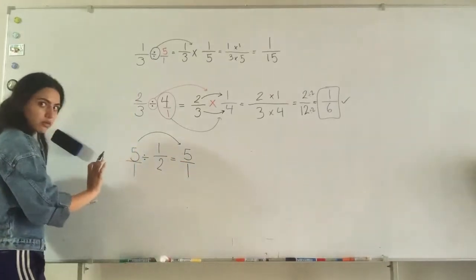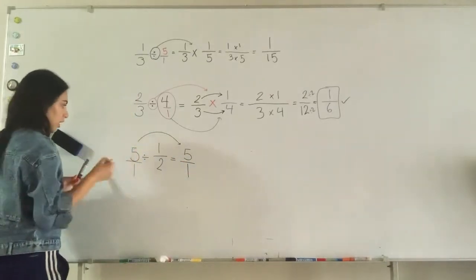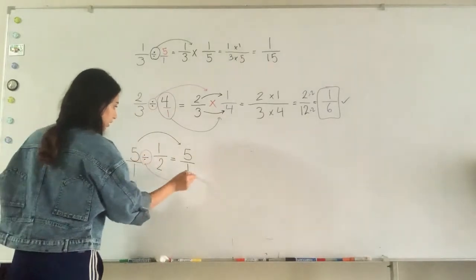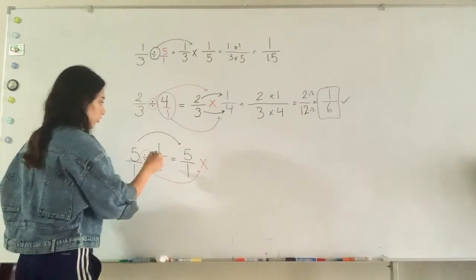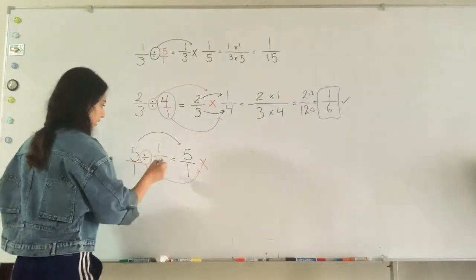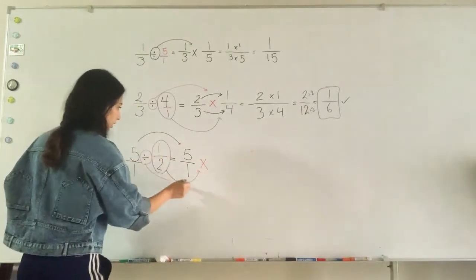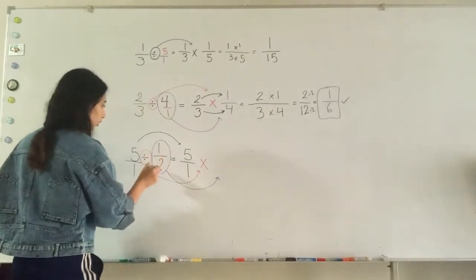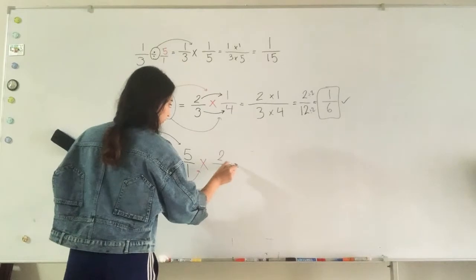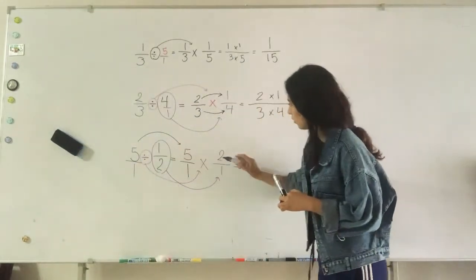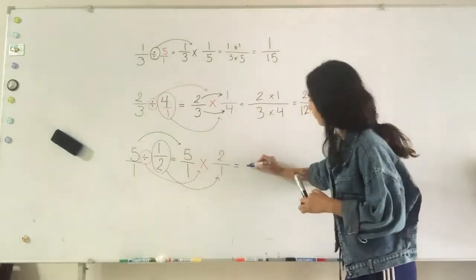Don't change the first number. You change the sign to times. Then you flip this one over and rewrite it, but flip it over. Instead of 1 over 2, now you write 2 over 1.